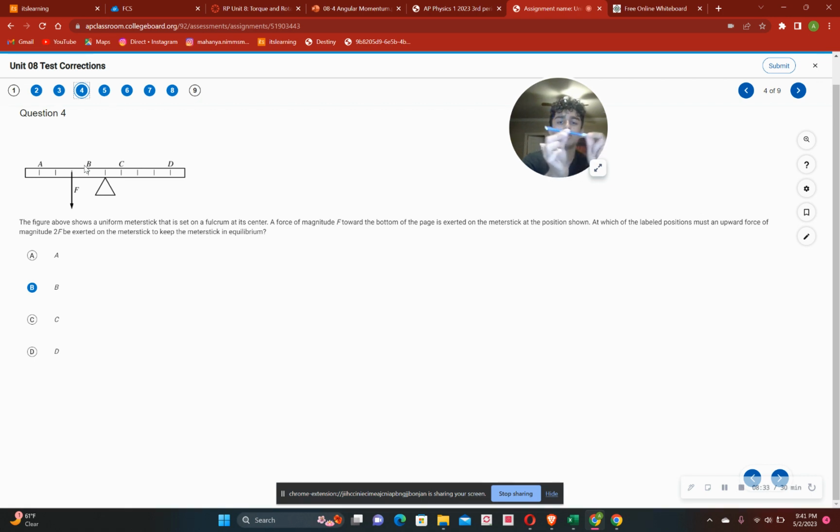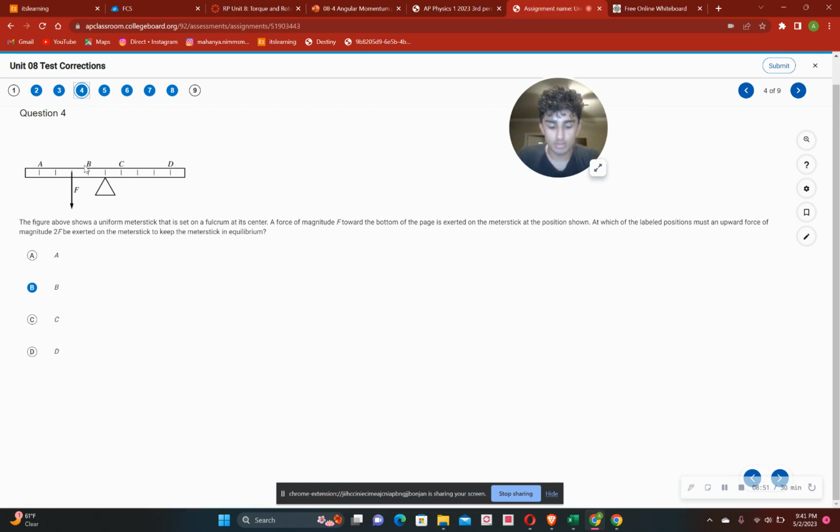Versus going on the edge, it's much easier to rotate. If I were to go right here, it's much harder to turn. So because of that, we want to do something that is closer, because you're taking double the force, right?